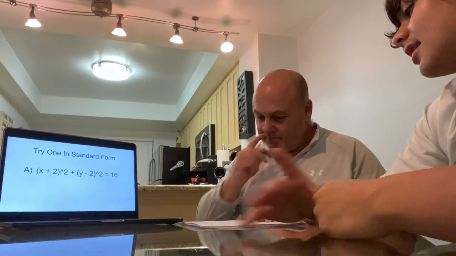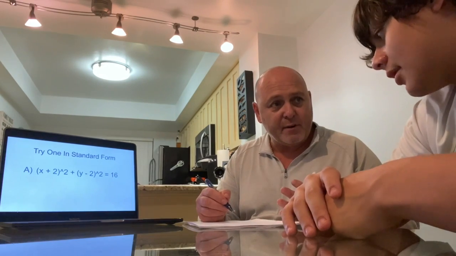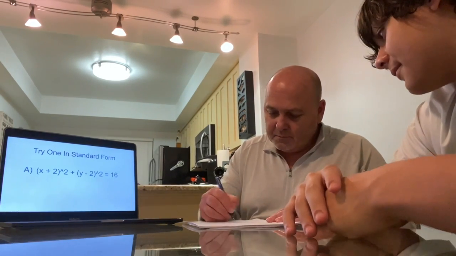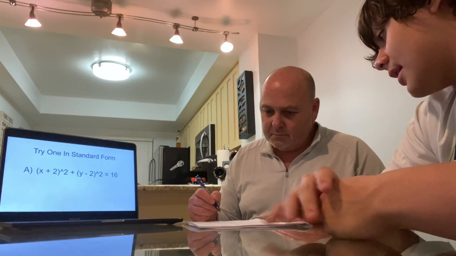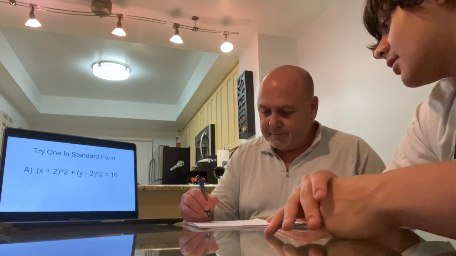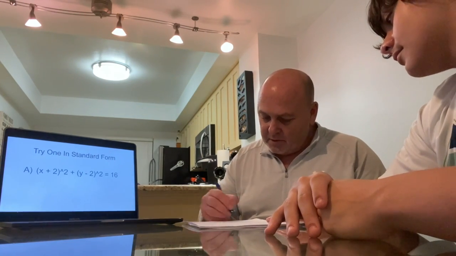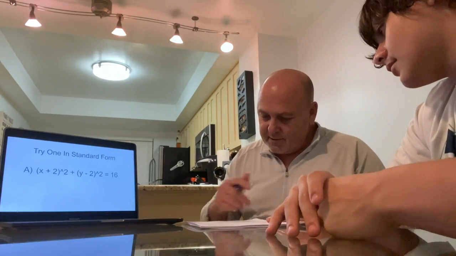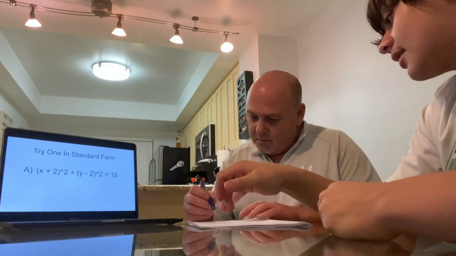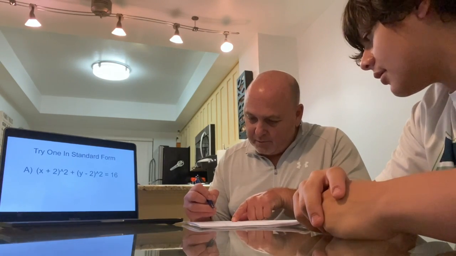To find your radius, you remember what I taught you before? It's the square root of 16, which is 4. So r equals 4. Now let's get to graphing. Draw the y and x axes. The center is negative 2 on the x-axis, so I come back 2 and then go up 2.